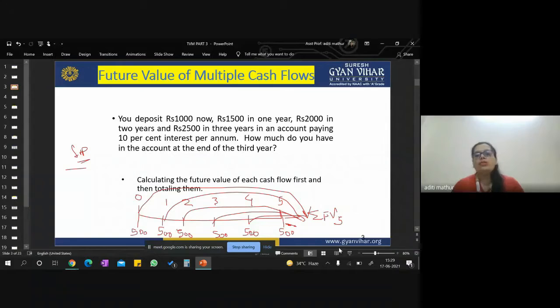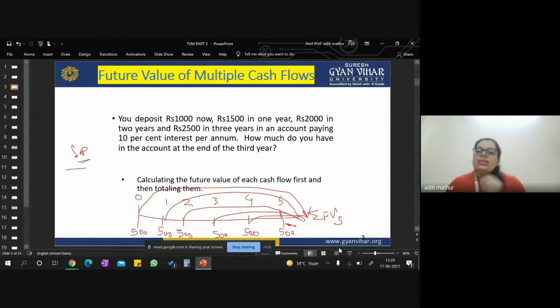The question might be one in which you are first investing 1,000, then 1,500, 2,000 and 2,500. It can be anything because many of the plans are like that. Whatever amount you want to save per month, you can invest it. So how to do it is more important, not the amount part. You can easily do it once you know how to calculate with the help of the formula.